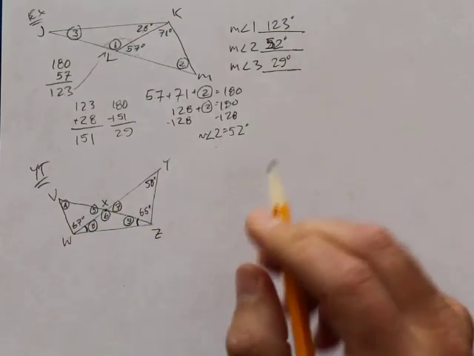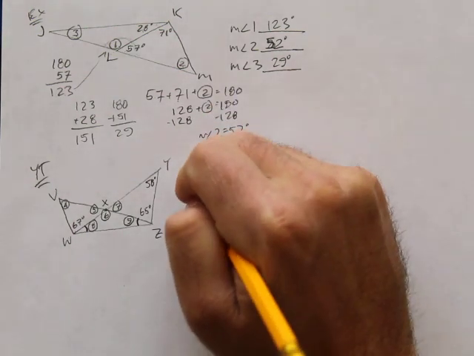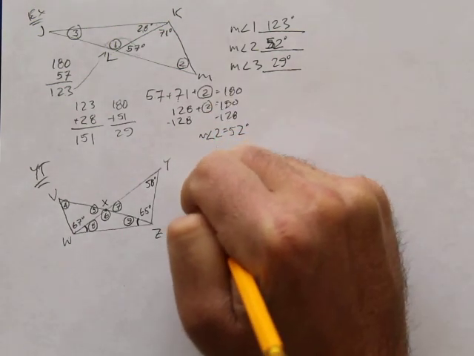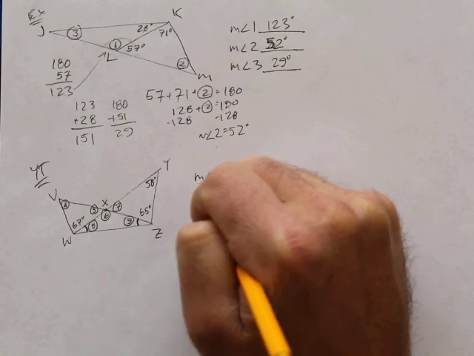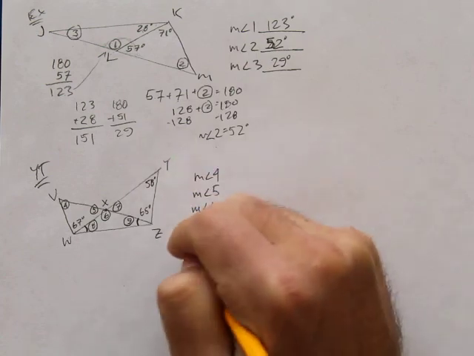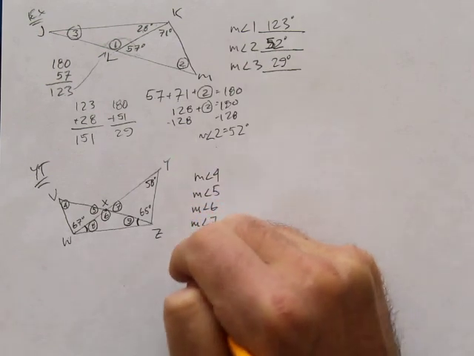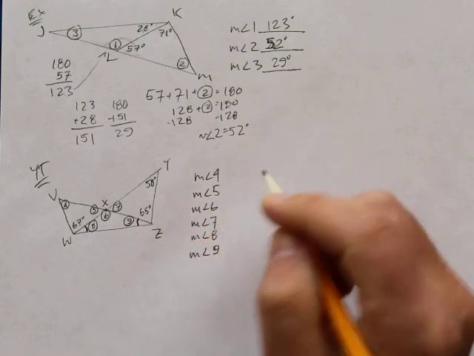Whew, got a lot of work to do here. All right, so I want to know the measure of angle 4, measure of angle 5, measure of angle 6, measure of angle 7, measure of angle 8, and measure of angle 9.